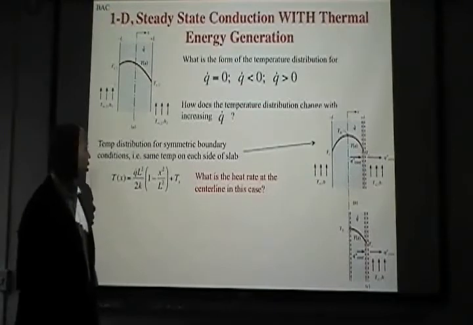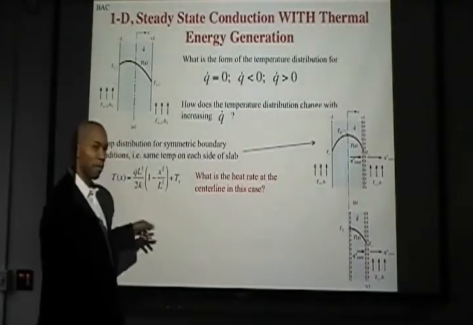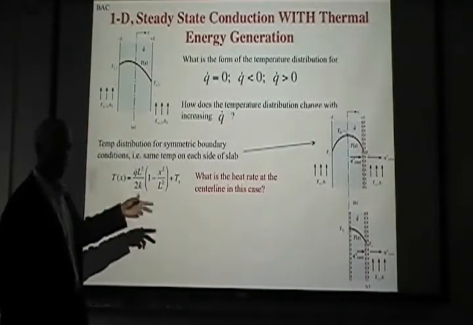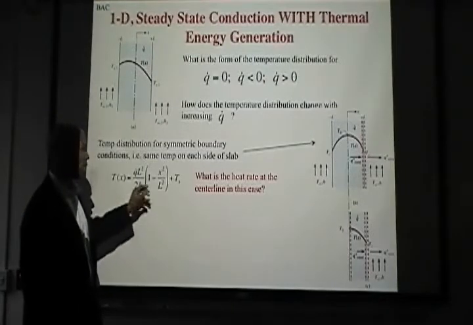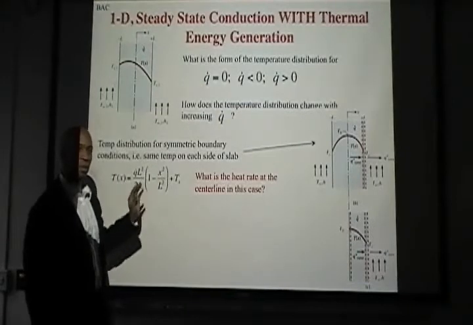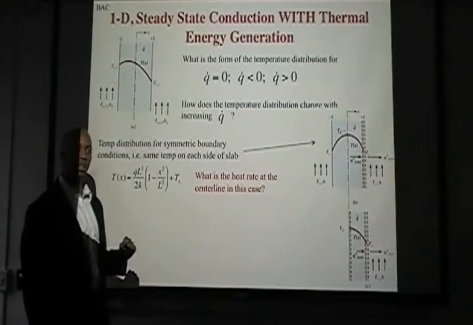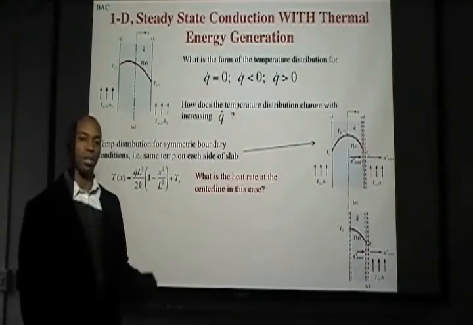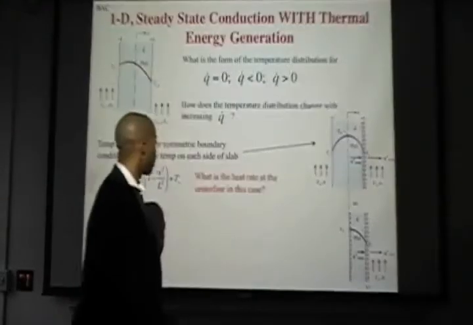And if we take the derivative of this, putting it into Fourier's law, and there's no x dependence, then the derivative at x equals 0 will be 0, so the heat rate will be 0.